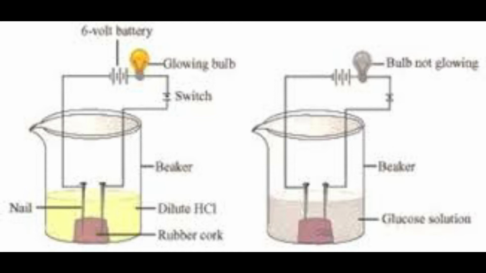This shows that the aqueous solution of an acid conducts electricity due to the presence of charged H+ ions, called hydrogen ions. Glucose solution and alcohol solution do not conduct electricity due to the absence of hydrogen ions.